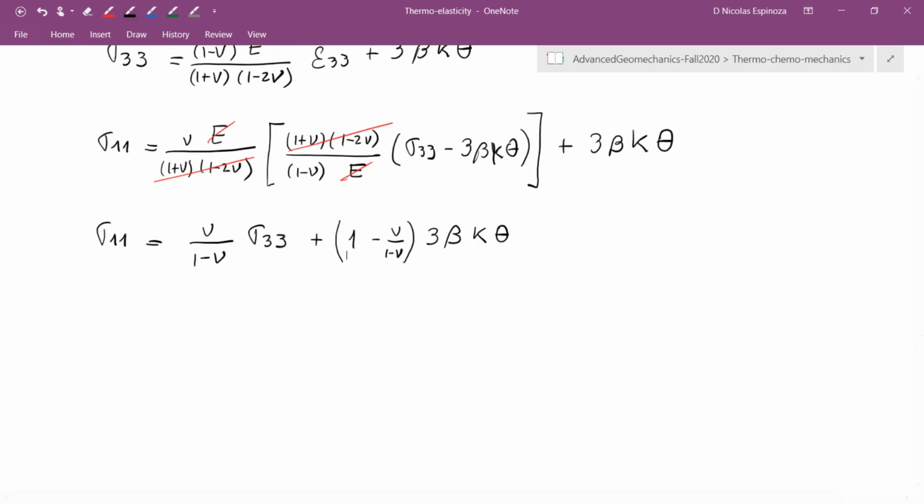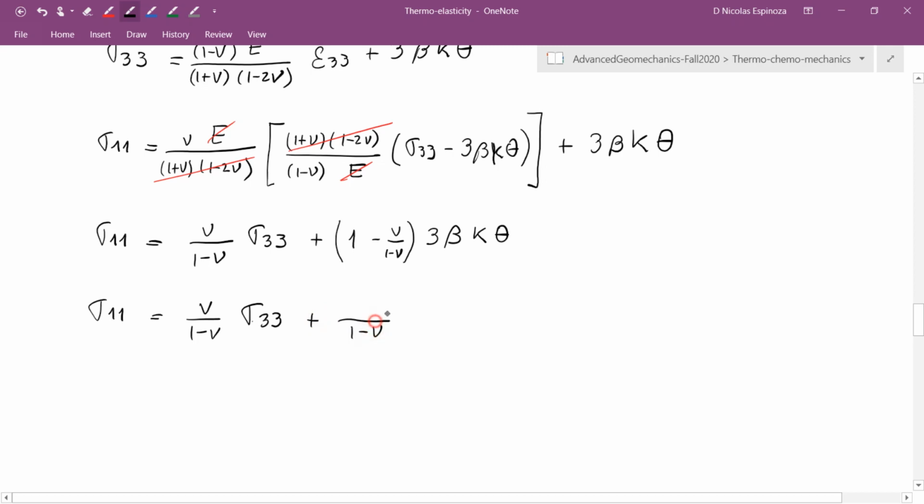And therefore, what I'm going to obtain here is, let me complete the equation, sigma 11 is going to be equal to the, hopefully you remember this one, effective stress coefficient of horizontal stress for linear elasticity.